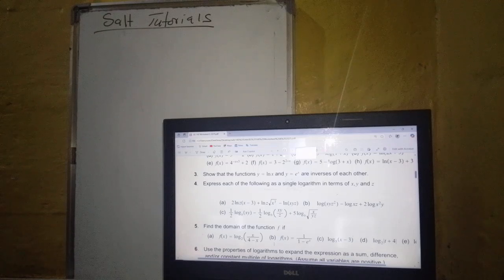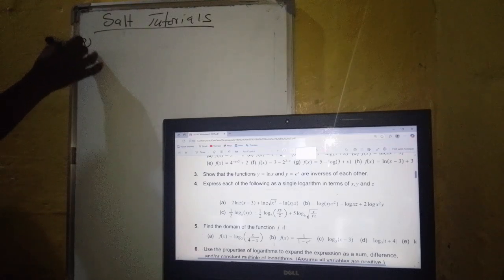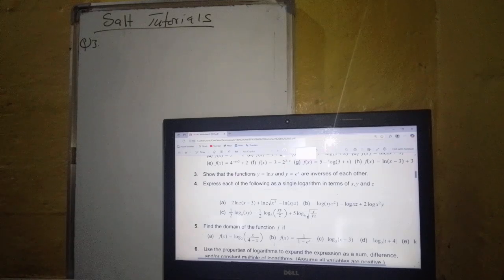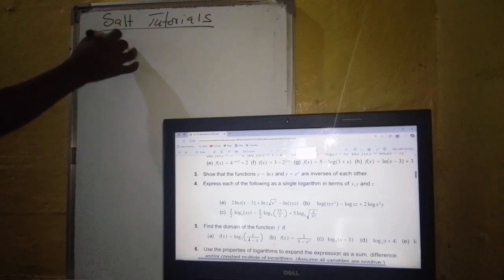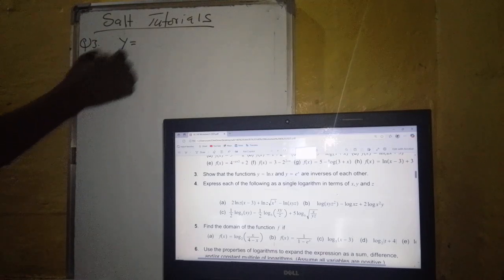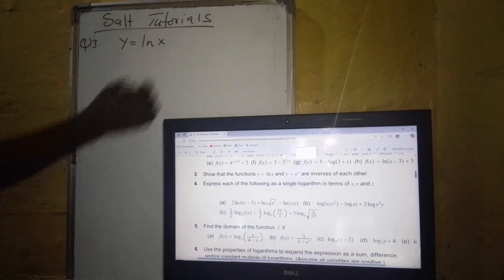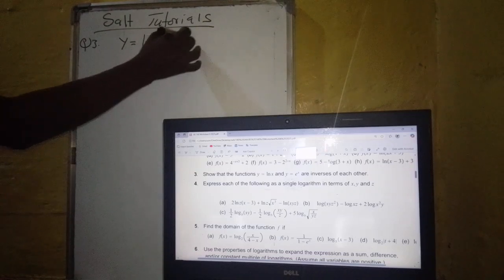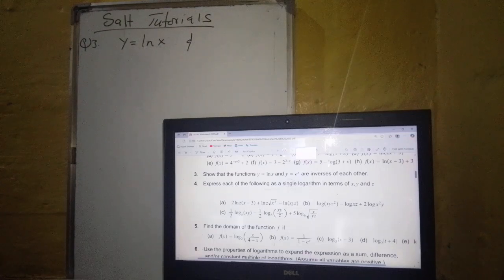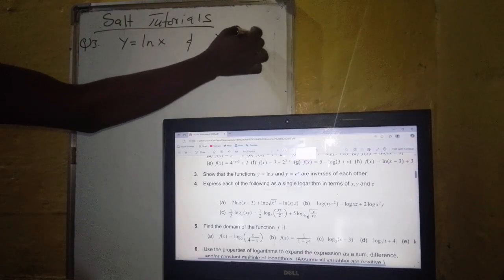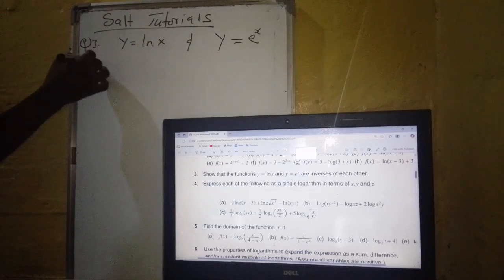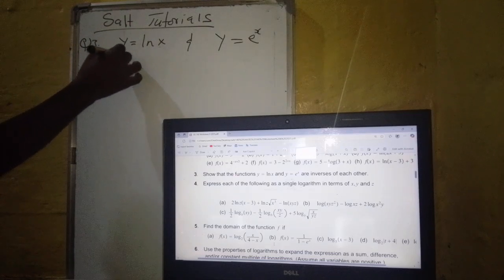So let's start by looking at question number 3 of your worksheet 6. I don't know if my questions are visible on the screen there. The question says that we want to show that the function y equals the natural log of x and y equals e power x are inverses of each other.